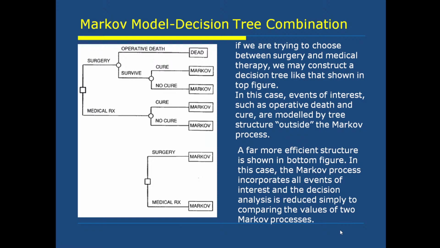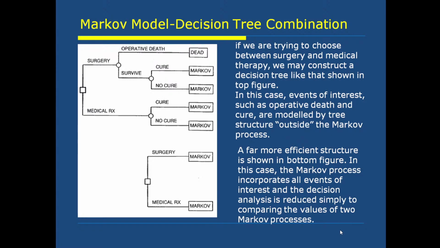At this slide, you see a Markov model and decision tree combination. If we are trying to choose between surgery and medical therapy, we may construct a decision tree like that shown in the top figure. In this case, events of interest such as operative death and cure are modeled by three structures outside the Markov process.